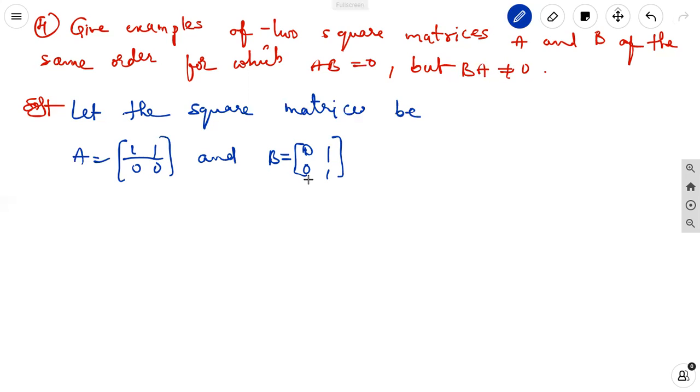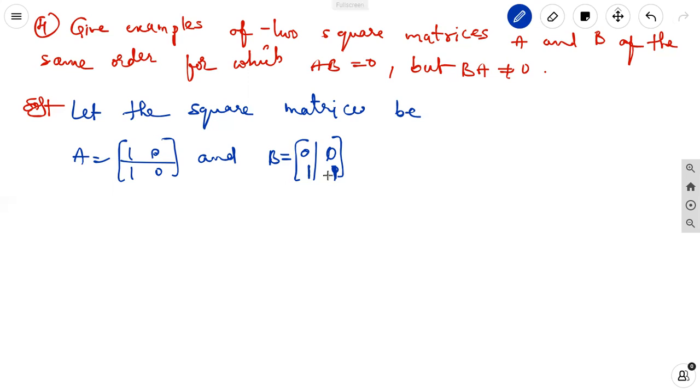It is 0 0, but row into column should be 1, so this is not suitable. Next try [1 0; 0 1] and [0 1; 1 0]. Now we multiply. It is also no. Next try [1 1; 0 0] and [0 0; 1 1]. Row column 0, row column 0, row column 0.